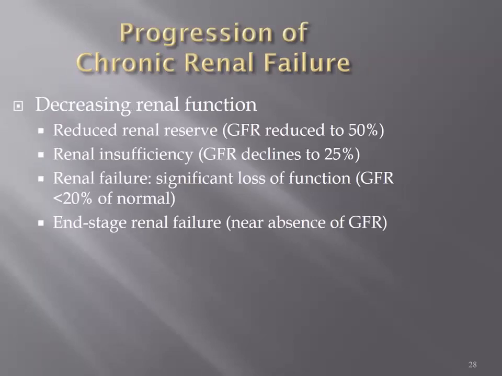So let's talk about progression of chronic renal failure. Again, chronic renal failure is a gradual progression of the disease. It's a well-known fact that diabetes type 1 and type 2 is the leading cause of chronic renal failure, as a sequela of vascular damage, and not just vascular damage, but damage to the endothelial lining.